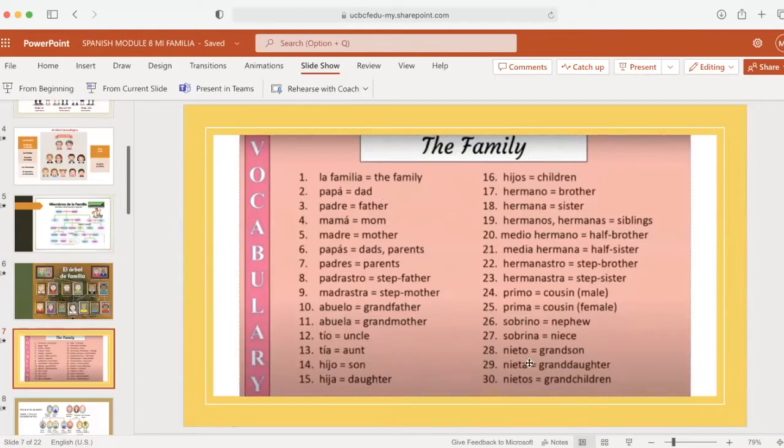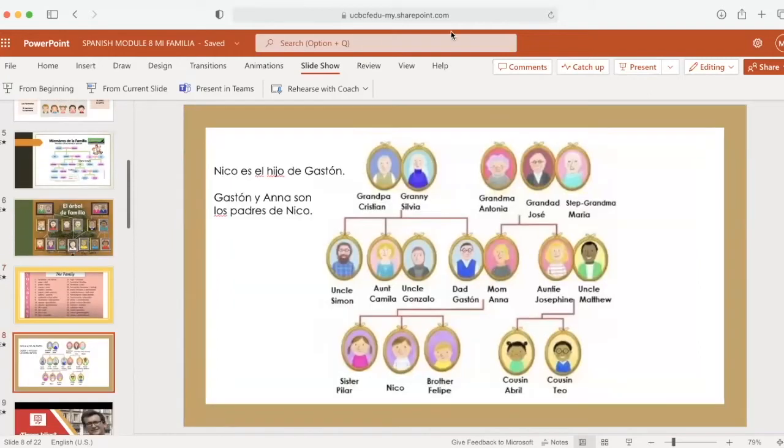Okay. So next, let's take a look at how we can describe other families. For example, a third person point of view of presenting a family. So it's another person who has a family, not us. Let's say Nico. Nico es el hijo. Now you have a new word here, de.